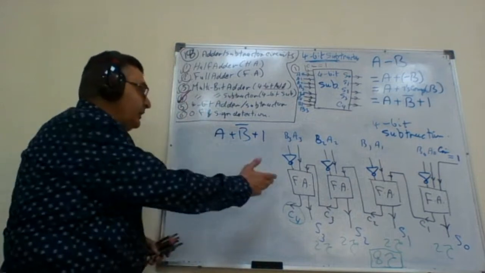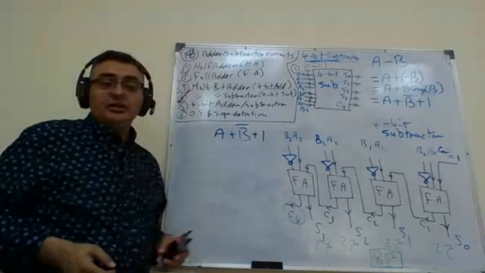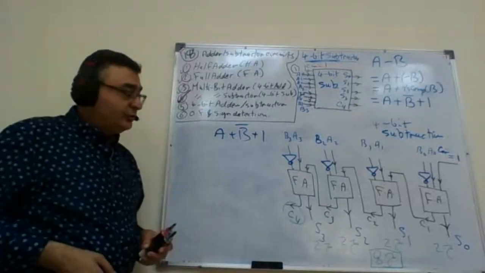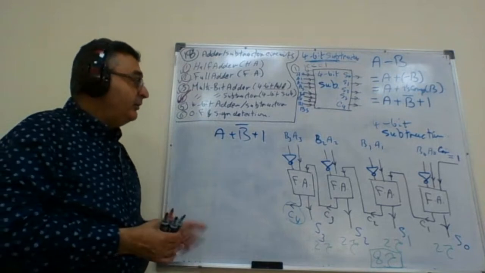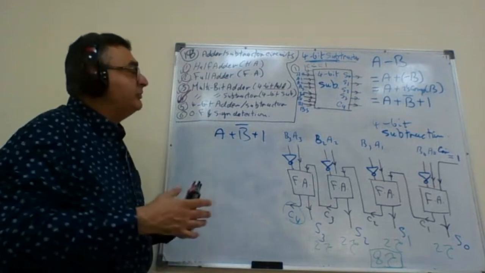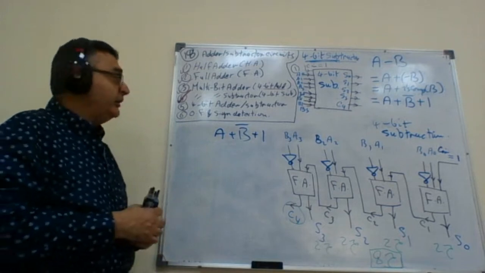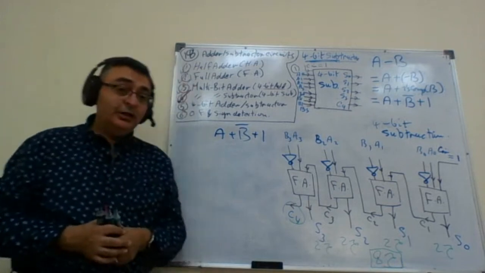Usually, or easily, I can extend this design in order to have more than 4 bits. I can make it 8 bits, 16 bits, whatever I need. Agreed? Make sense? So let's go to a more interesting design.